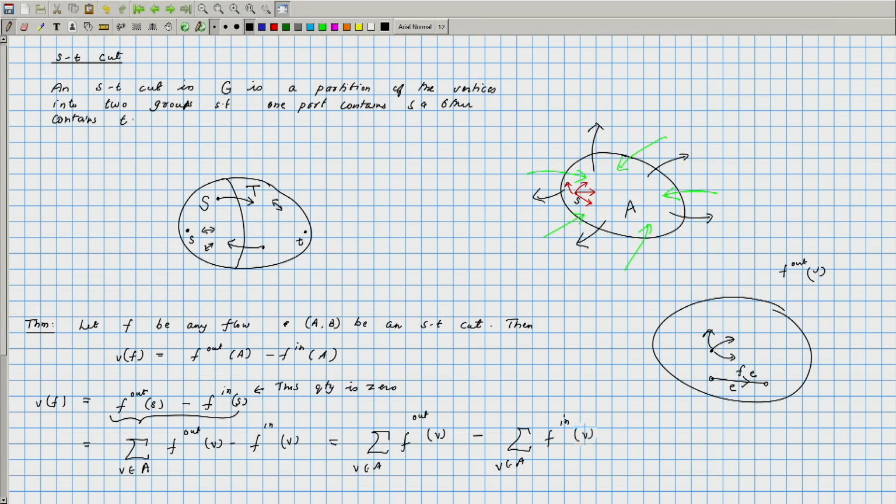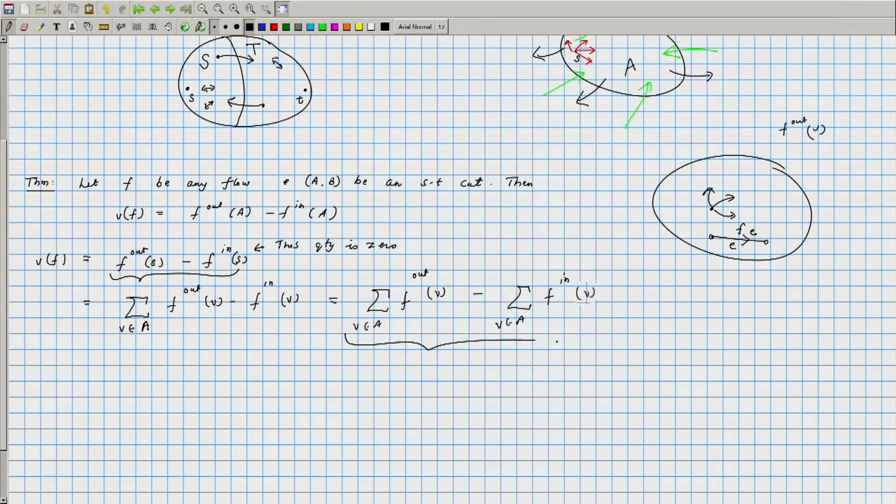Now, the edges can be of three kinds: the internal edges that lie within A, the edges that go from A to B, or the edges that come from B to A. These are the only kinds of edges possible. The edges which are within B to B are not even considered. So, for A to A edges, Fe is counted once as positive and once as negative. So, if you look at this entire summation, the internal edges are going to cancel out, and the external edges are the only thing that is going to remain.